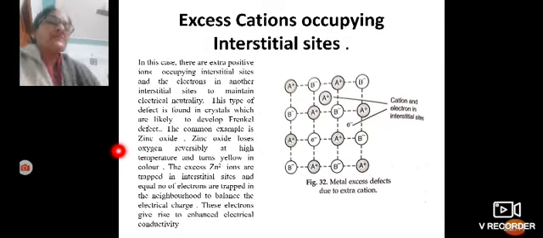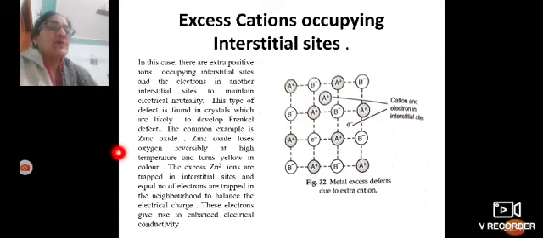In this case, there are extra positive ions occupying interstitial sites and electrons in other interstitial sites to maintain the electrical neutrality. This type of defect is found in crystals which are likely to develop Frenkel defect. The common example is zinc oxide.